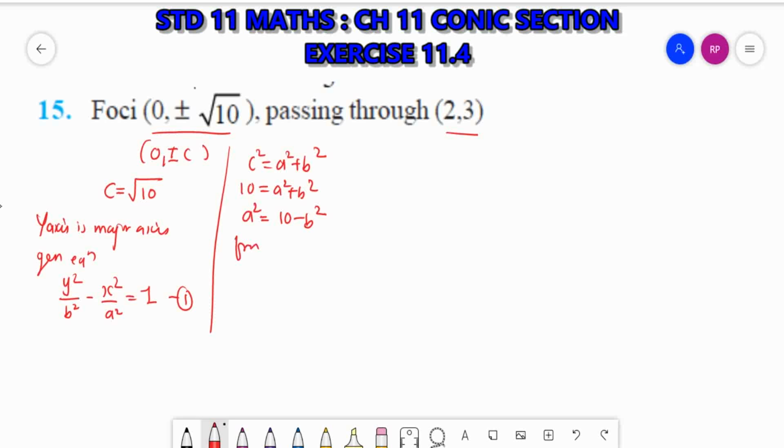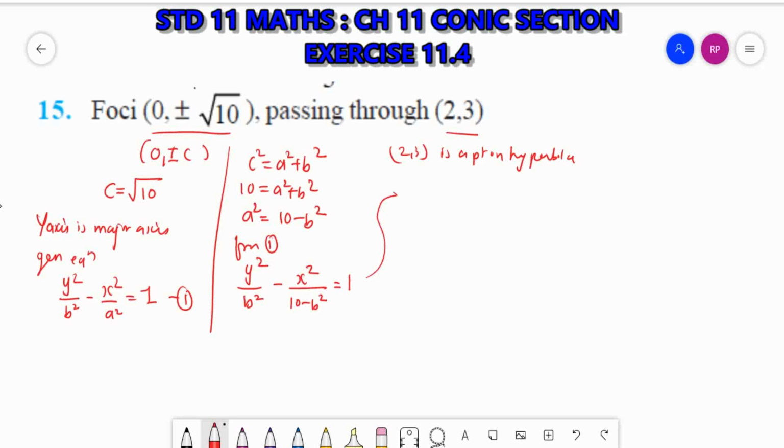So from 1, the equation of hyperbola will be y square by b square minus x square upon 10 minus b square equal to 1. Clear? Okay. So now say it passes through 2, 3.